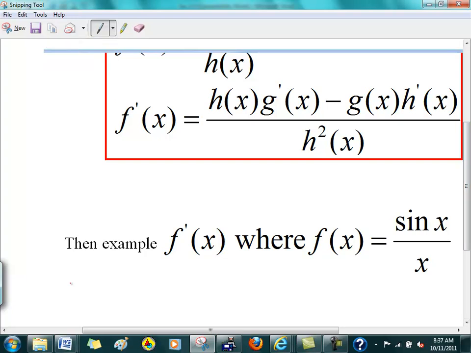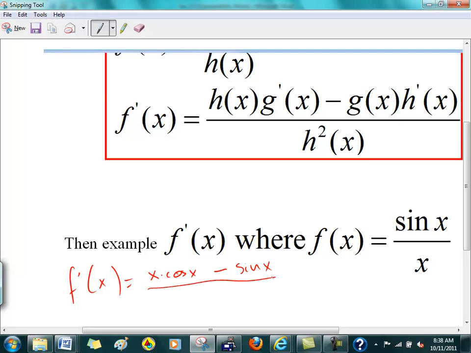Okay, so I want f prime of x. So again, I'm going to keep the bottom, differentiate the top. So bottom is x, differentiate sine x. What do you get? Cosine x. Differentiating sine gives you cosine. Okay. Minus, keep the top, differentiate the bottom. So the top is sine x and derivative of x, 1.